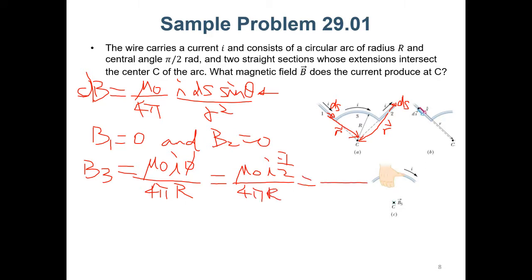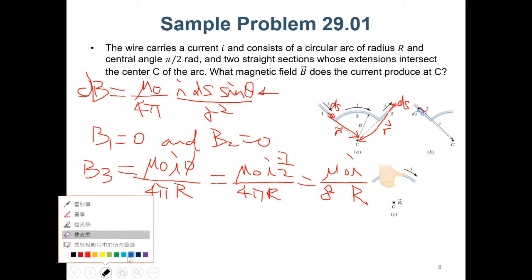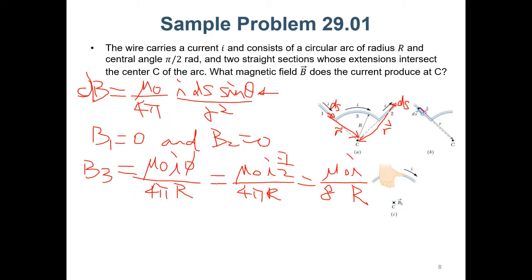So we put the 2 at the bottom. Sorry, the pi should be cancelled. This pi and this pi can be cancelled.